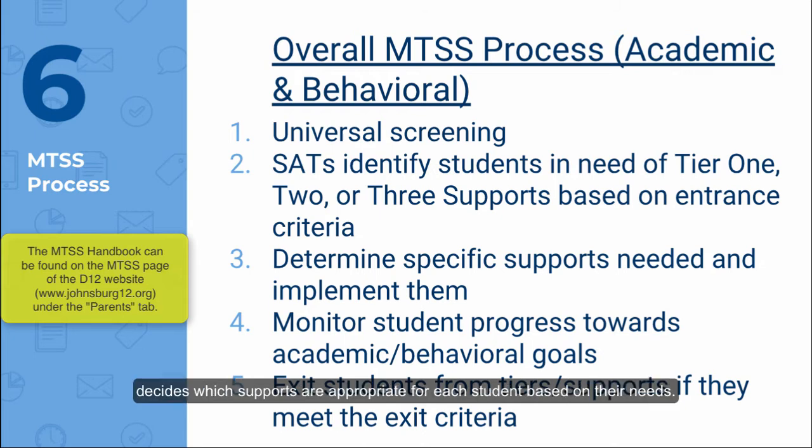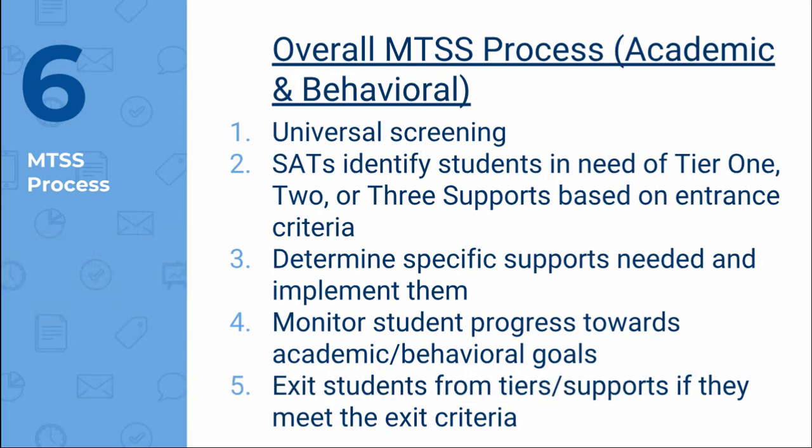The SAT then decides which supports are appropriate for each student based on their needs, and then implements those supports or interventions. They then monitor student progress while the supports are in place, stopping the supports if students meet the exit criteria as outlined in the MTSS handbook.